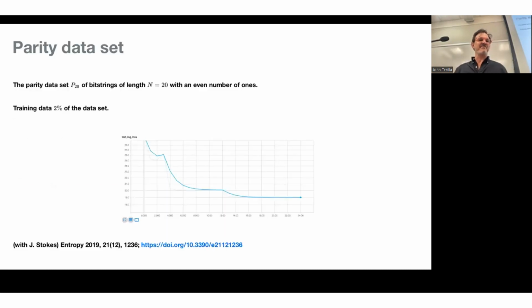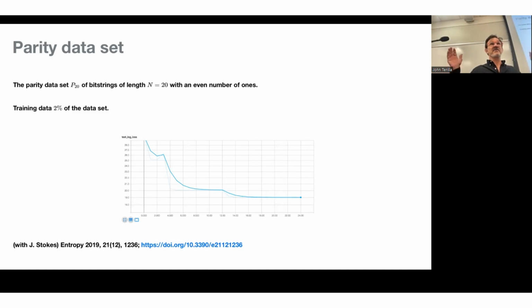So here's one example where I think the inductive bias really shows off. Here's an experiment where I work with the parity data set. This is pretty small, sorry about that. What is this data set? It's bit strings of length 20 that have an even number of ones in them. So you've got a sequence of 20 zeros and ones.